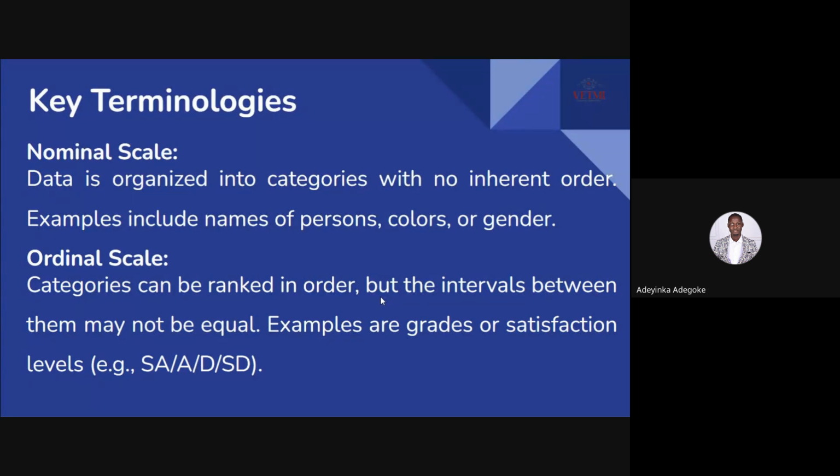The nominal scale is actually the most primitive scale of measurement, like names of persons, colors, gender. You can't say that male is greater than female. You can't say that Tayo is greater than Tokwe. They are just names of persons.